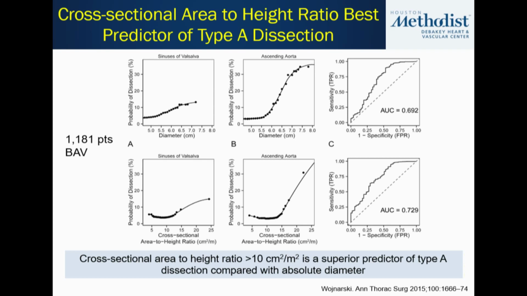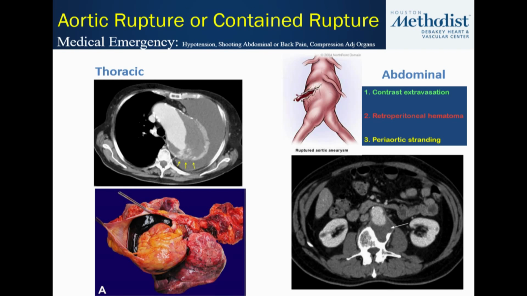And what they found is that if you have a ratio greater than 10 centimeters squared per meter, this was a much superior predictor of type A dissection. So something novel, next time you see a bicuspid, try measuring the area, indexing it to the height, and maybe reporting that out to the surgeon.